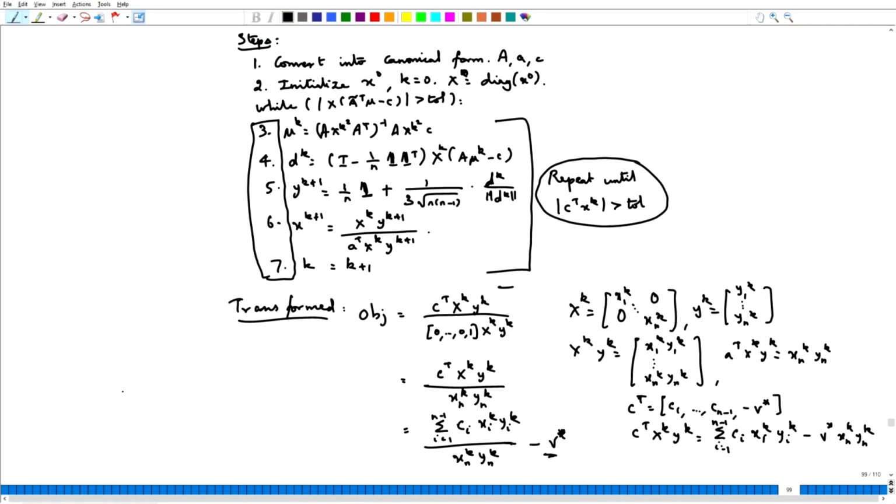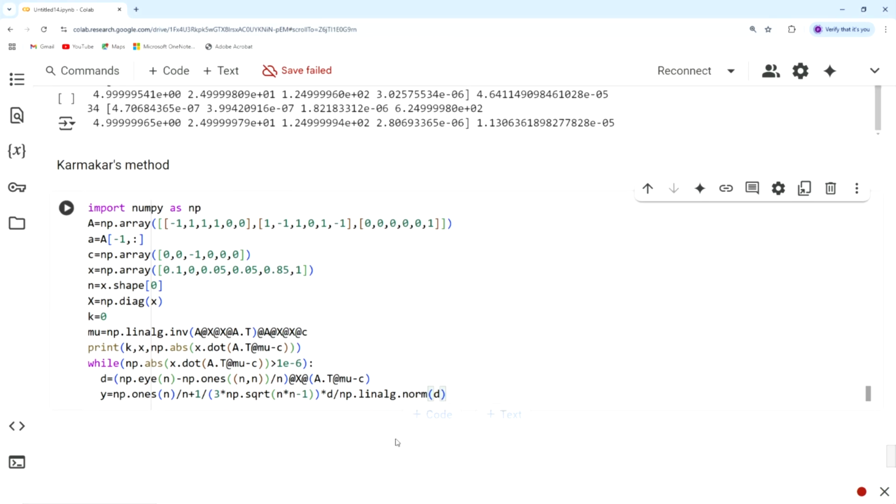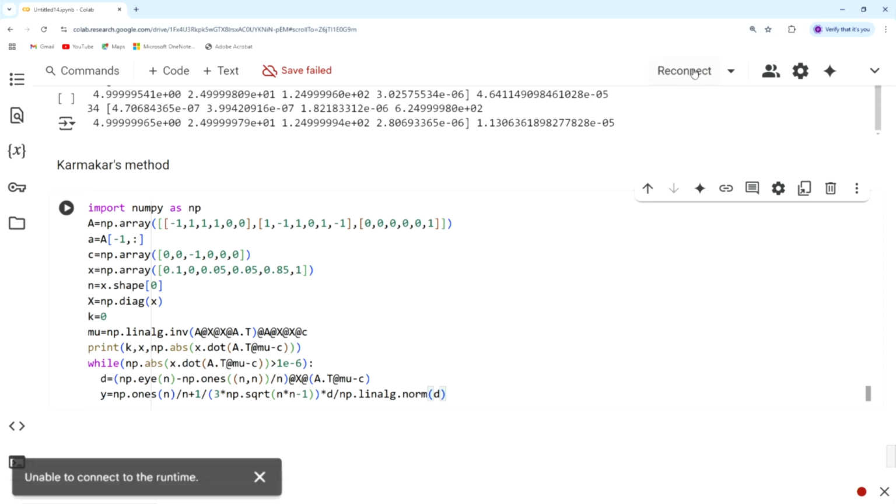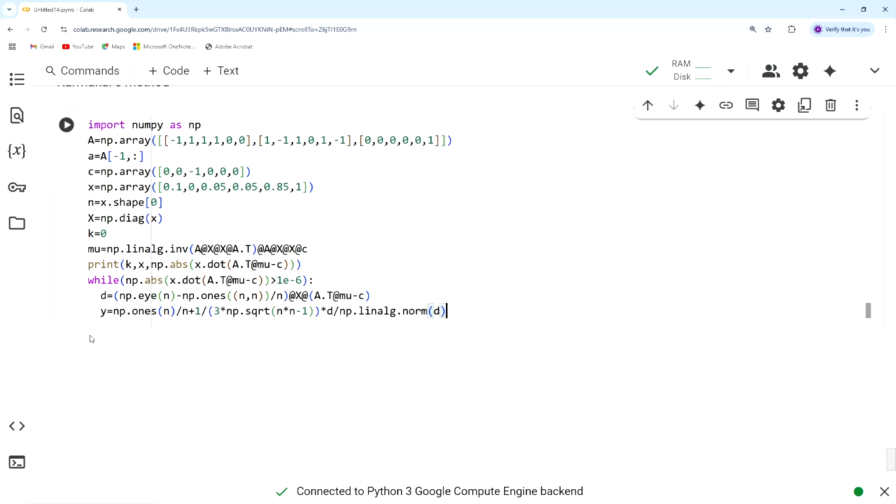So, I am just writing step number 5: yk plus 1 equals the 1 vector by n plus 1 by 3 root n into n minus 1 into dk by norm dk. That is exactly what I have written here. So, we have written down the expression for y.